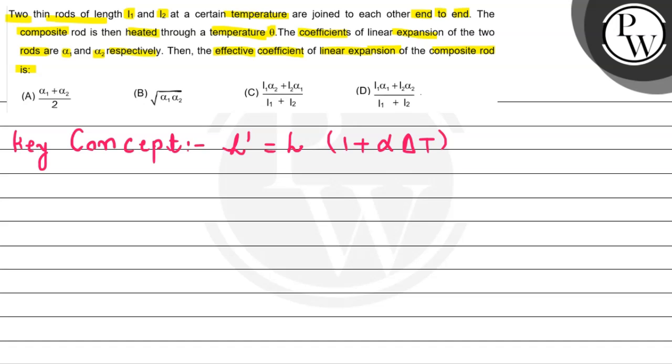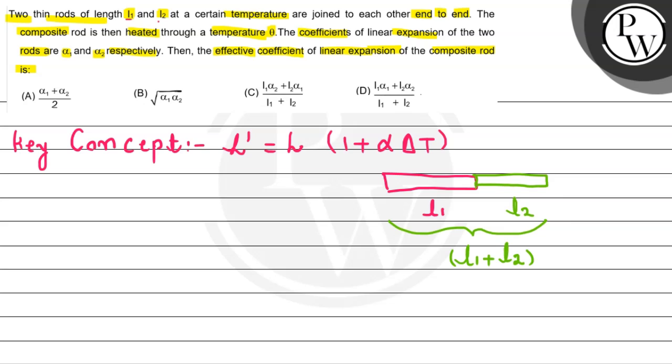Now, as you can see, we are given two thin rods of length L1 and L2, joined to each other end to end. Let's suppose this is the first rod having the length L1, and this is the second rod having the length L2. Both are joined together end to end. So we got a composite rod whose length will be L1 plus L2.